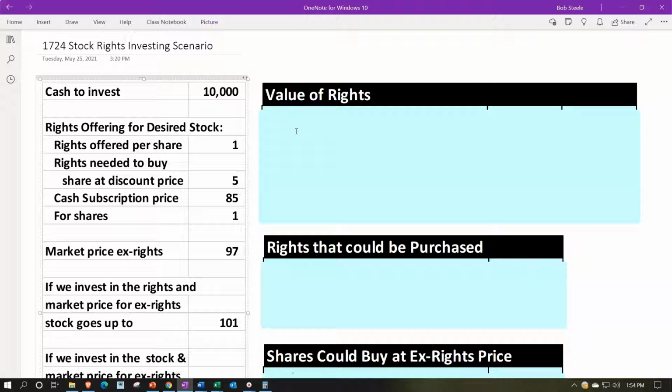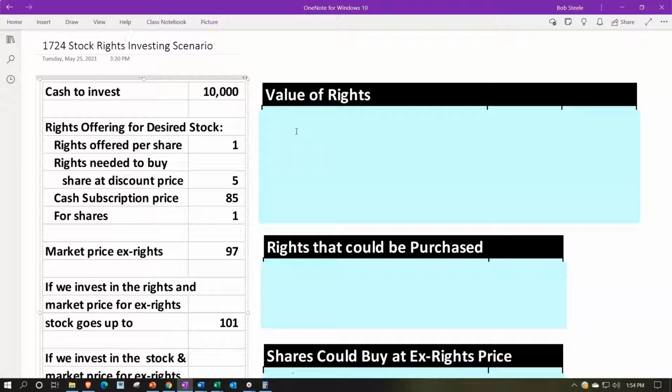Once the rights are out there, there's going to be a time frame from the declaration of the rights to when the rights expire. And then there's what's going to happen over that time frame to the value of the stocks, the number of shares out there, and this concept of now having the rights, which could be thought of as separate in and of themselves from the value of the stock itself.